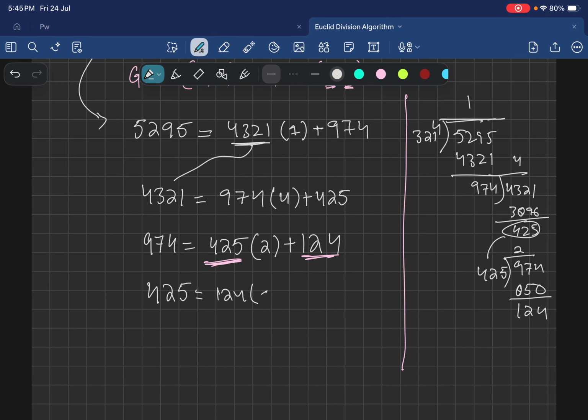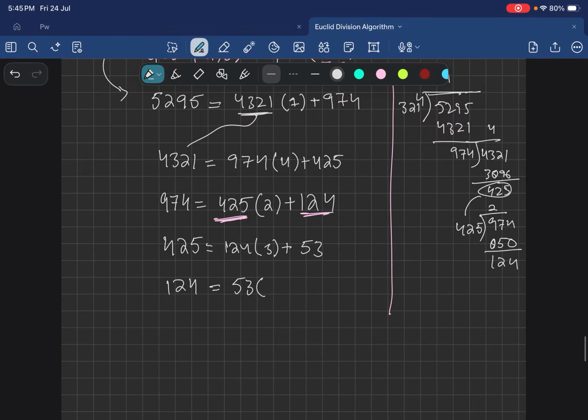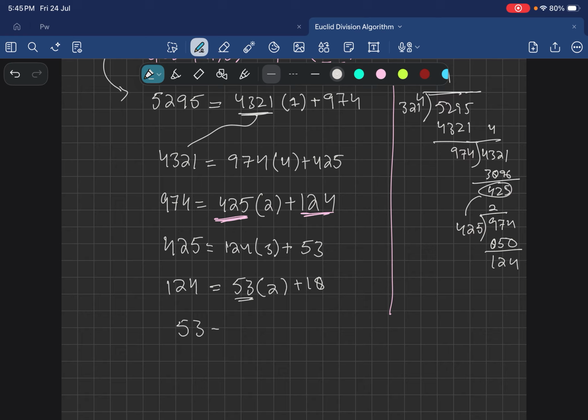Okay, 124 becomes the new divisor and you multiply it by 3, and then you will get a remainder of, I believe, 53. Then you bring 124. The previous divisor becomes the number, and the remainder becomes the new divisor. 53 into 2 gives you a remainder of 18. The previous divisor becomes the number: 53 becomes the number, and 18 into 2 gives you a remainder of 17.